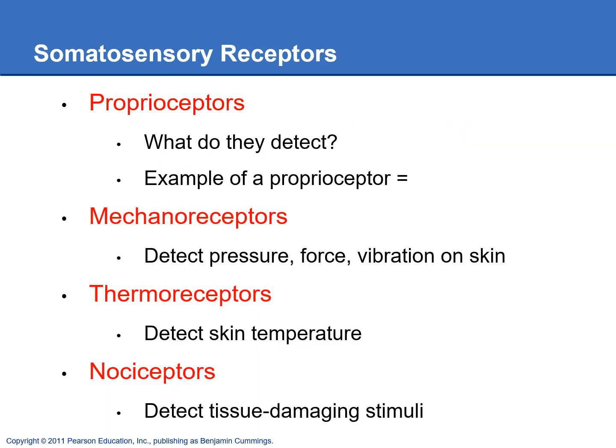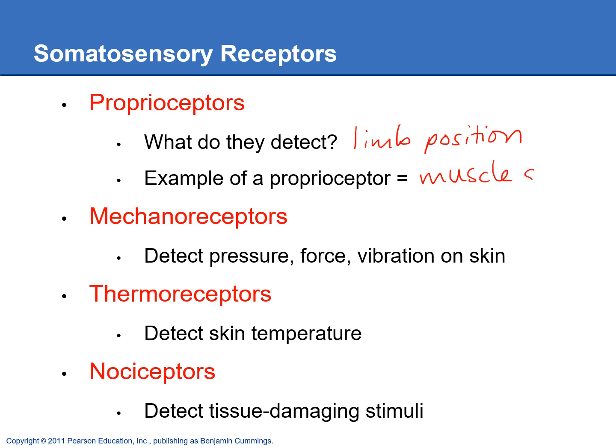So the somatosensory receptors include the proprioceptors. And remember, the proprioceptors are going to detect the body position or limb position. And a good example of a proprioceptor that we're going to talk more about later are the muscle spindles.